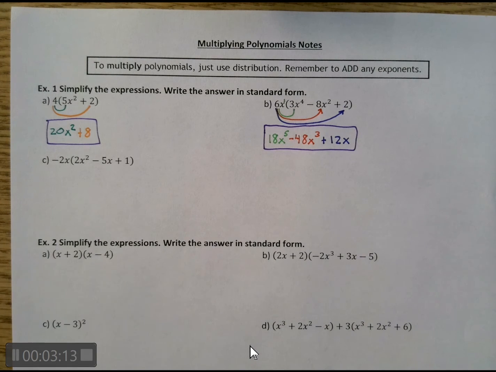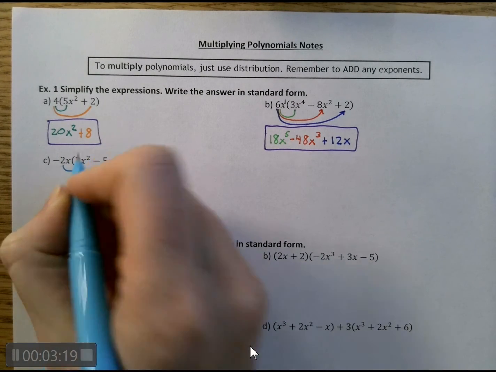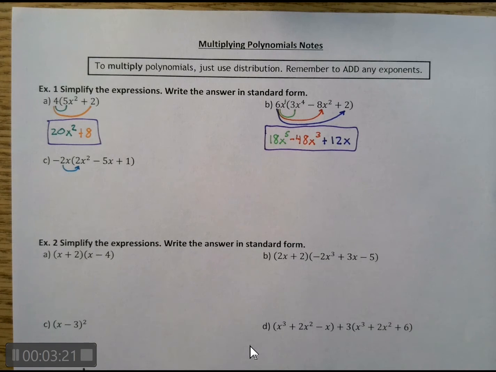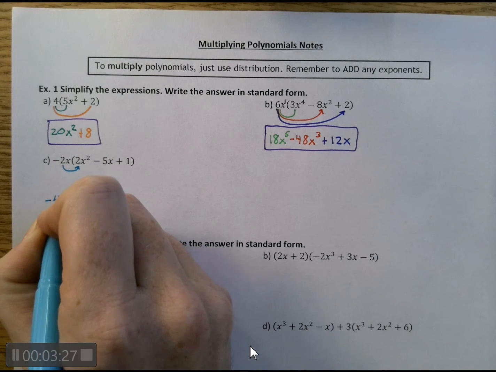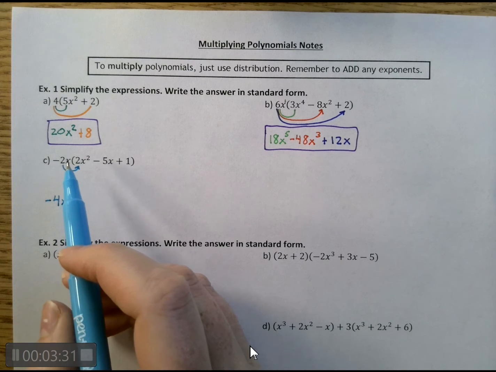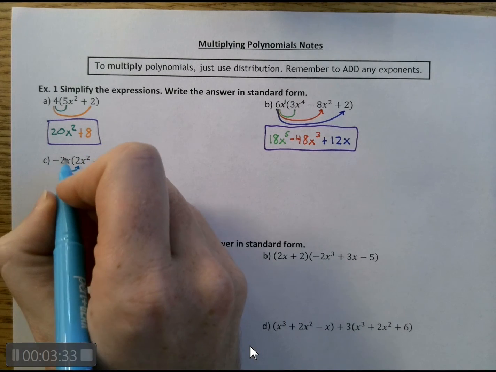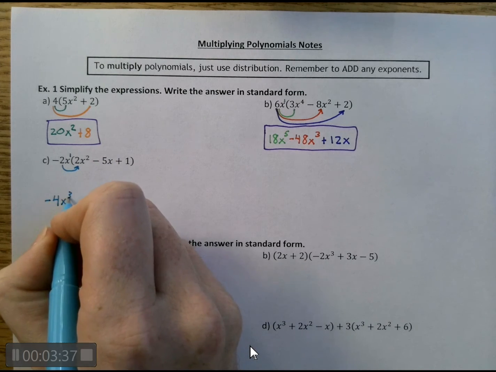We're going to have negative 2x times the parentheses, okay? So negative 2x times 2x squared. Okay, so negative 2 times 2 is going to give us that negative 4. And then we're going to have an x and add your exponents. So same deal here. This one has a secret 1. 1 plus 2 gives us 3.